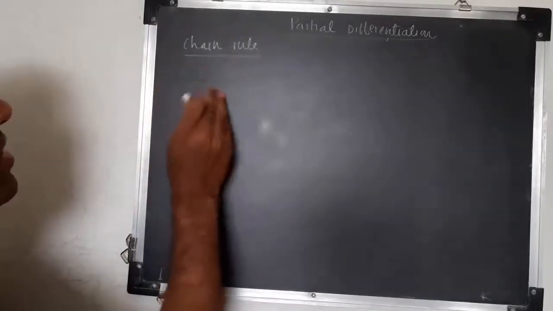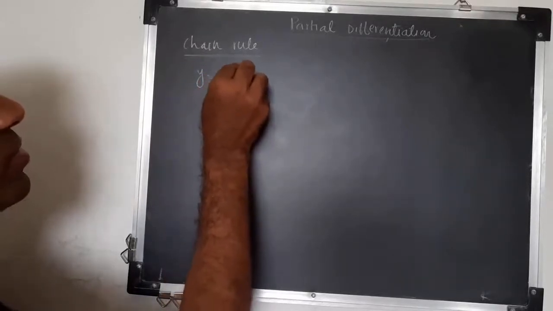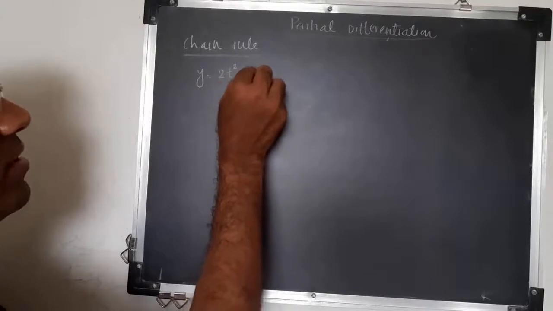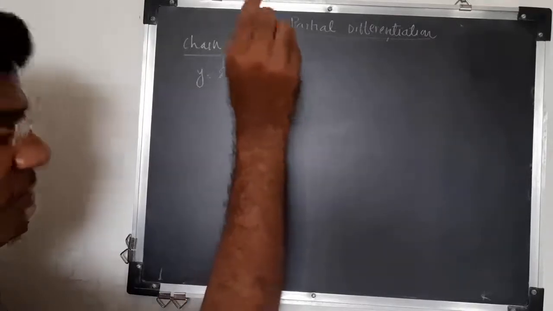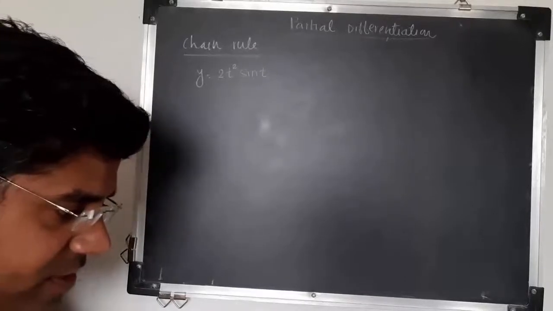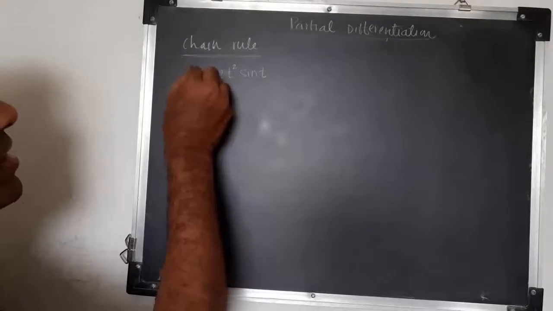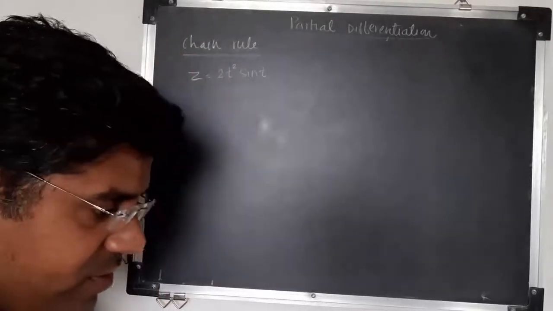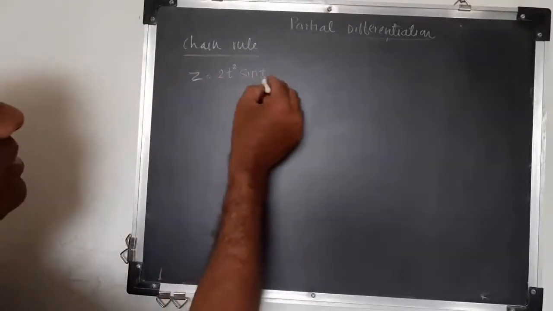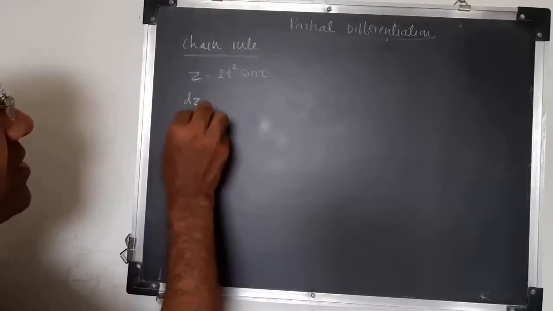Second is z is equal to 2t square sine of t. This function I will take over here, or I can consider it as z. It is one and the same thing. Now my aim is dz by dt.